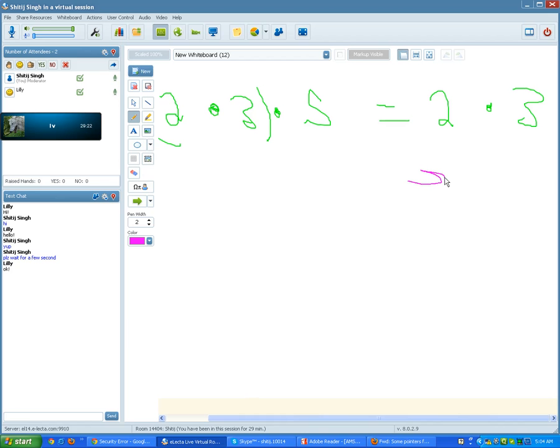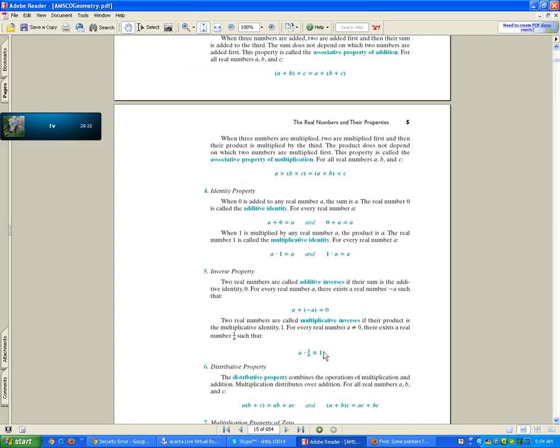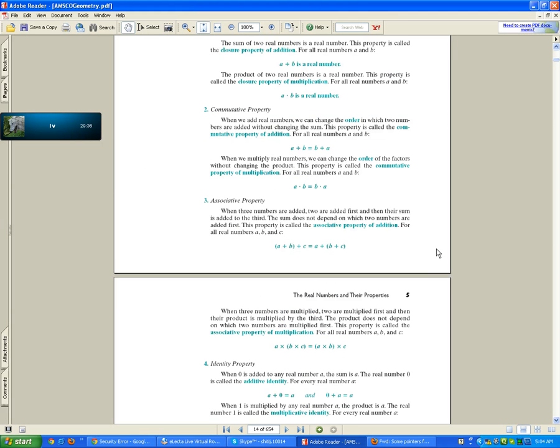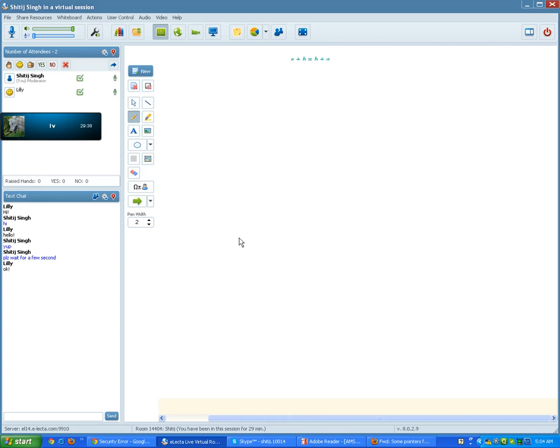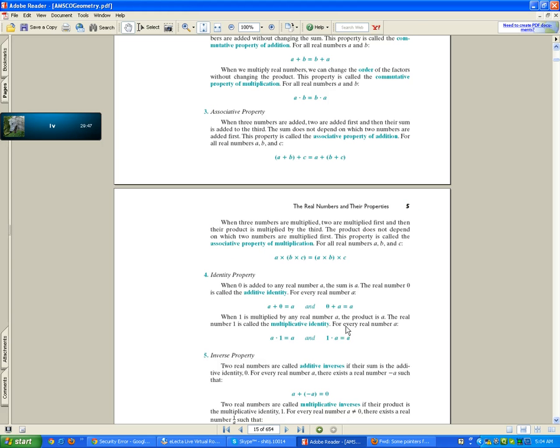Write it down. Correct. Yeah, this is the associative property. Whether you associate the first two first or you associate the last two first, the result will be the same. So this is called an associative property.